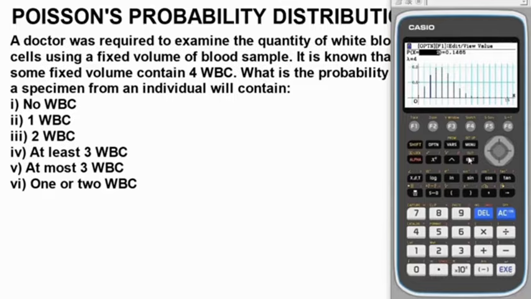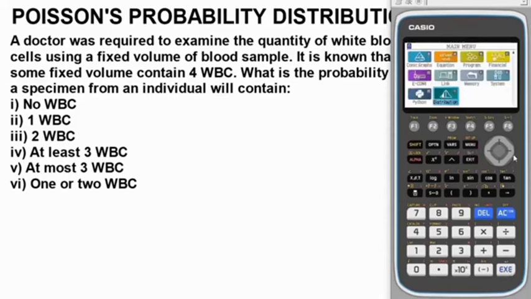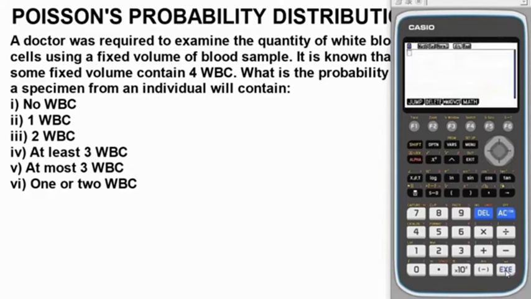Right now, let's add the 2 values. Let's press exit. Go to menu, go to run matrix, press execute. Let's add the 2 values. The first one we got to be 0.0732, plus the second, which is 0.1465.